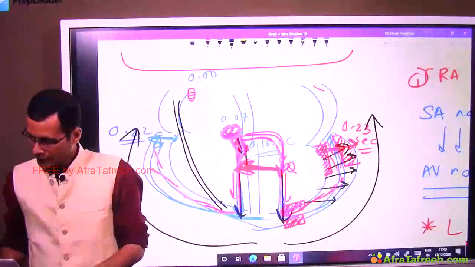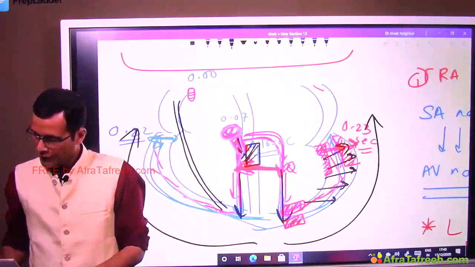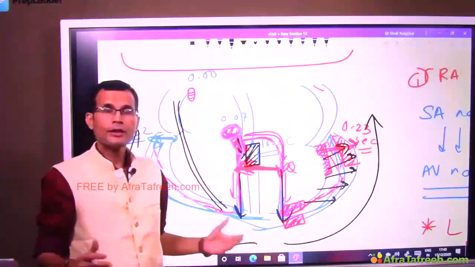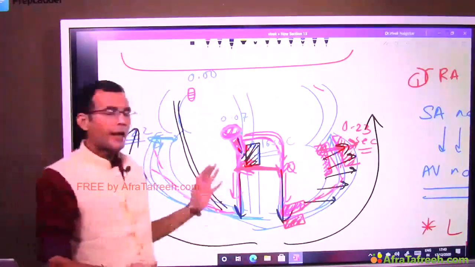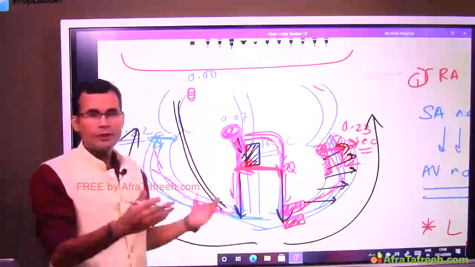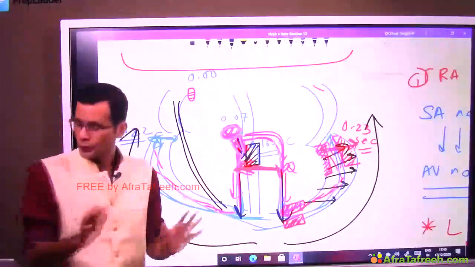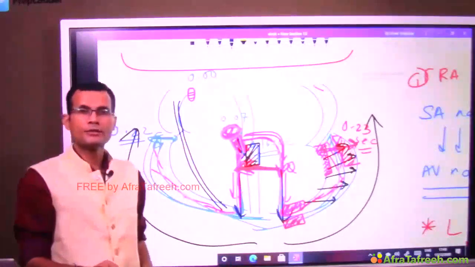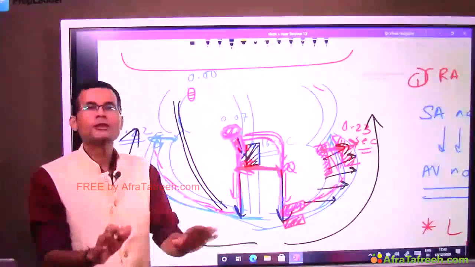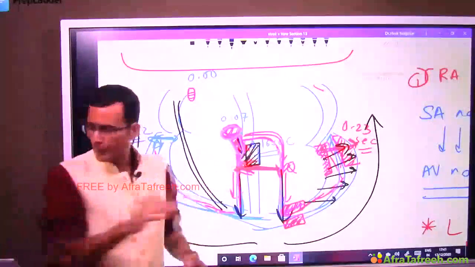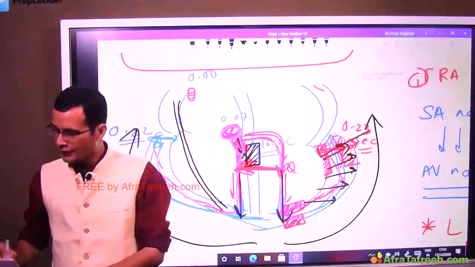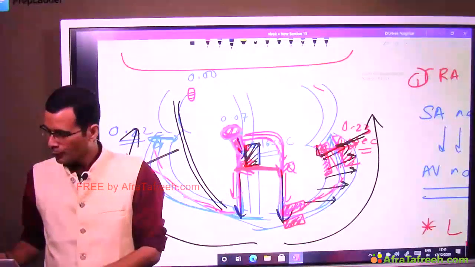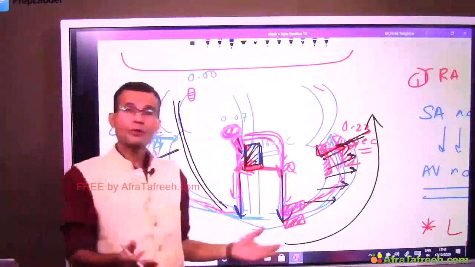So the uppermost part of the interventricular septum was left to get excited, and it will be depolarized in the end by the smaller branches of the conducting system. So that's the first part: when the base of the heart is depolarizing, the uppermost part of the septum will also depolarize at that time.